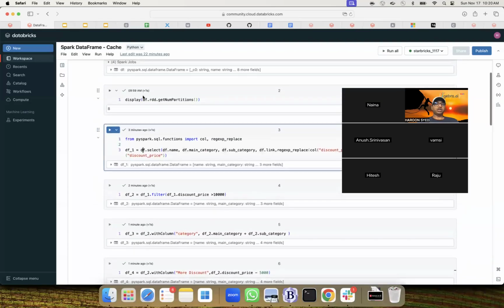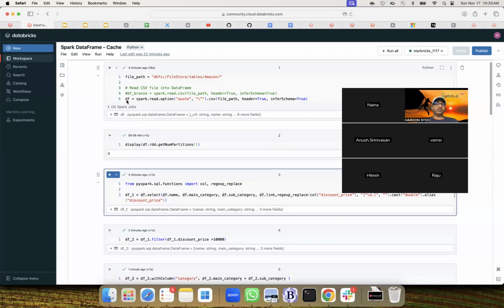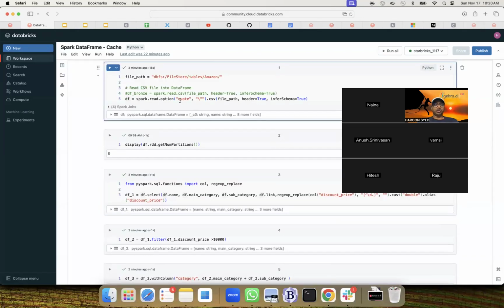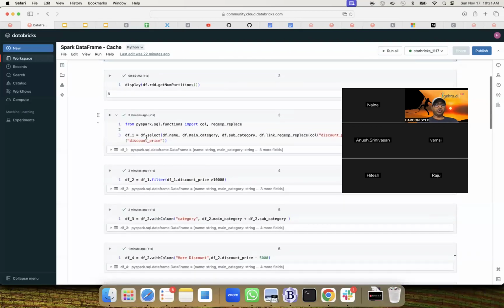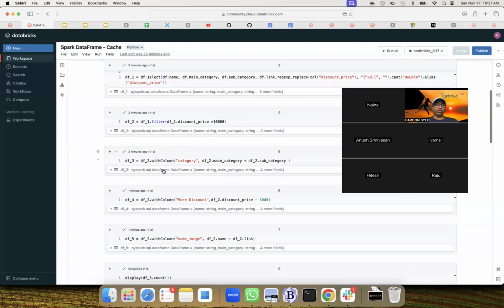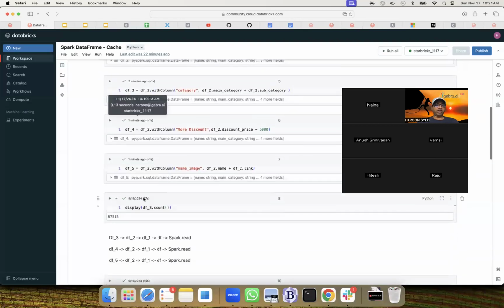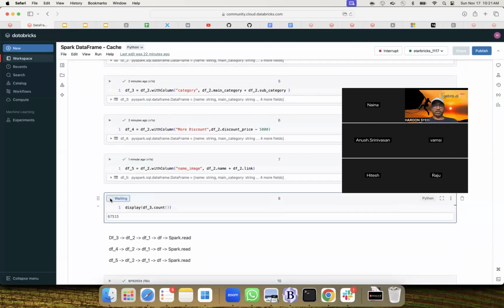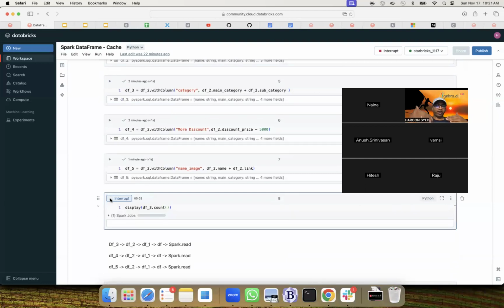Then it says, hey, df is this, now go execute this. So first it executes df, then it executes select and gets df1, then it executes filter, then gets df2, then it executes with column category and gets df3, and then it displays the count. So that is how the lazy evaluation goes back. Now it is triggering the jobs to do all of those transformations and calculate all the data frames it needs to get to df3.